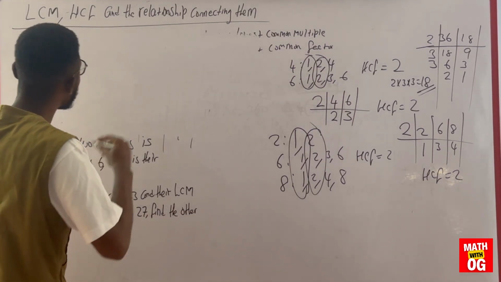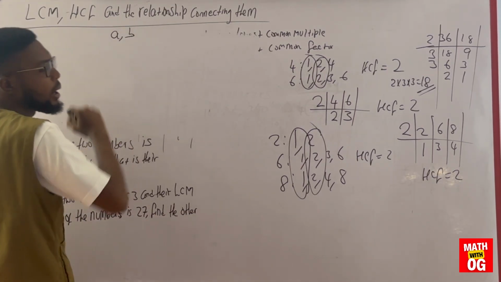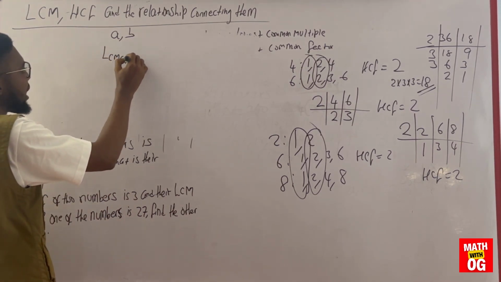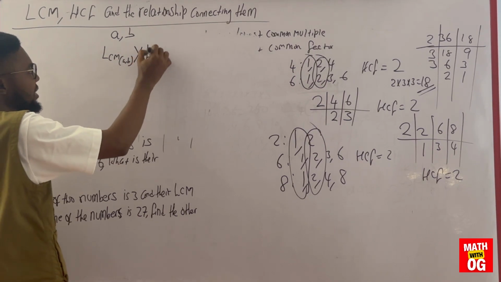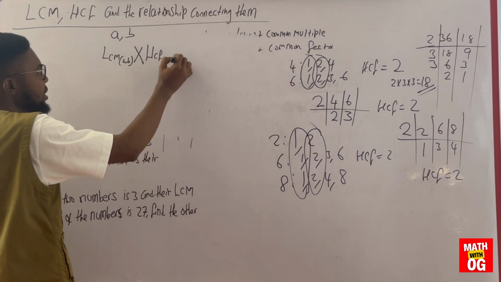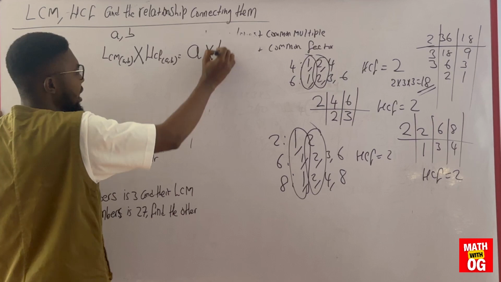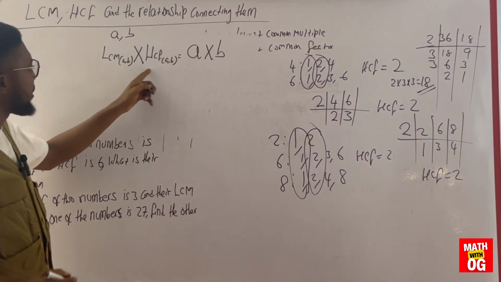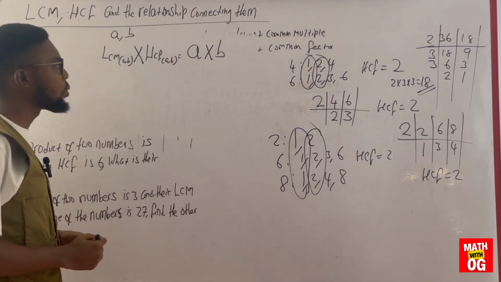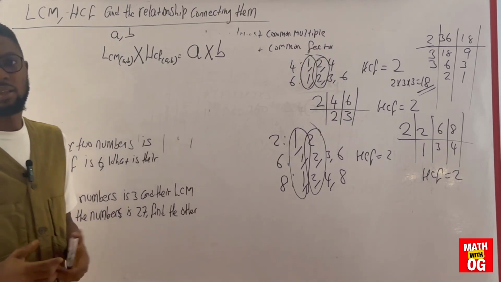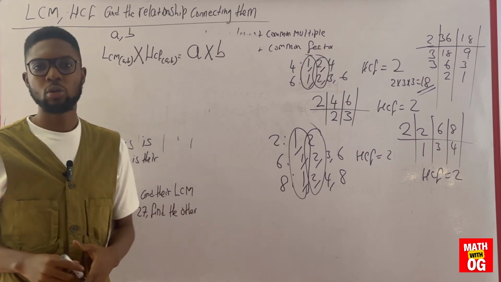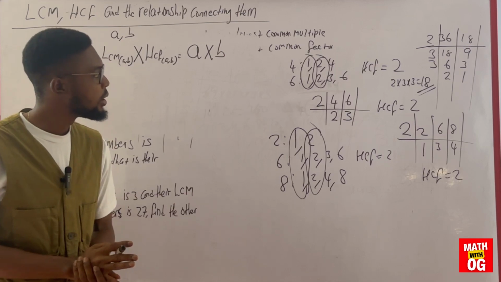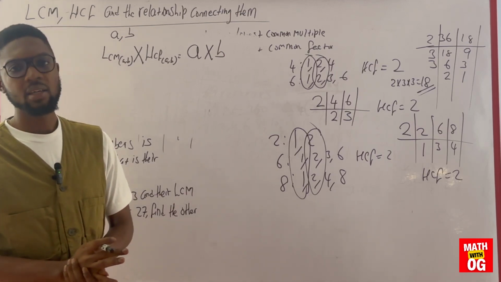Let's say we are dealing with two numbers, A and B. The LCM of A and B multiplied by the HCF of A and B is equal to the product of A and B. So take note. So let's use one of our examples to prove that our answer is correct.